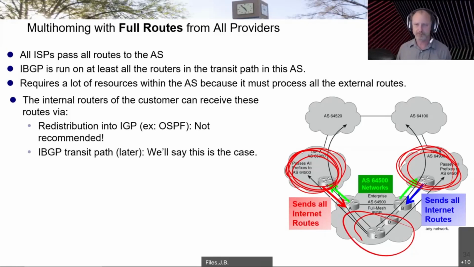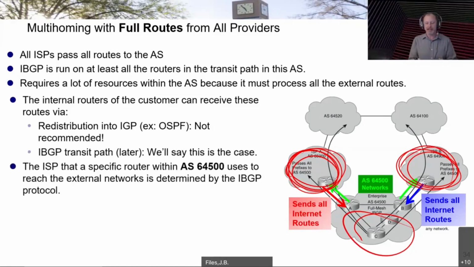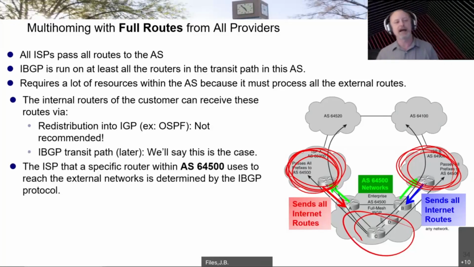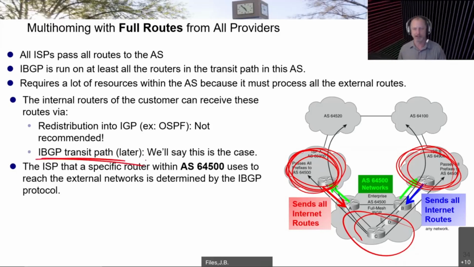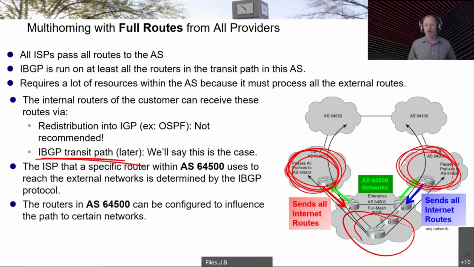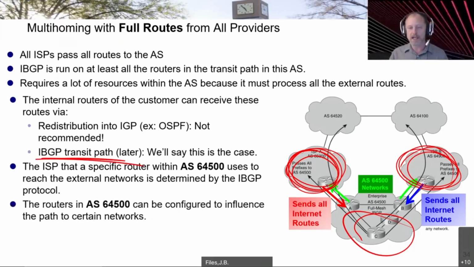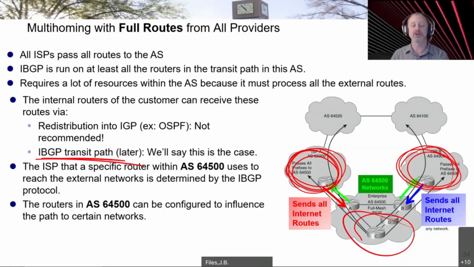Okay. So the ISP that will end up getting used by any particular router will be determined by iBGP because that's the method that we're using. And so we can influence the path that we choose to certain networks.